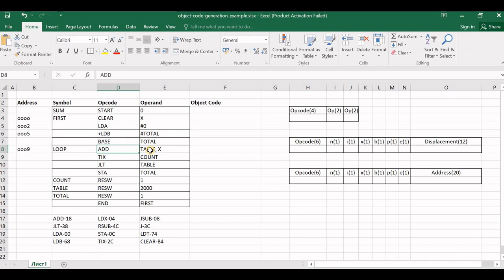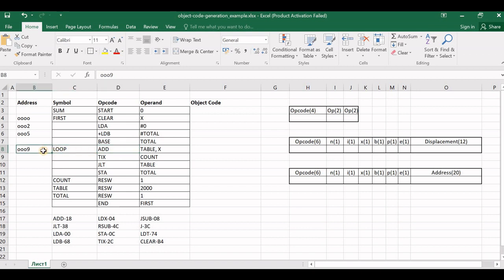No, because only the second operand is a register, but the first operand is a memory location. Now check if it is in format 4. It is not in format 4, as the instruction is not beginning with the plus symbol. Since it is not in format 1, 2 or 4, it must be in format 3. Format 3 instructions occupy 3 bytes.